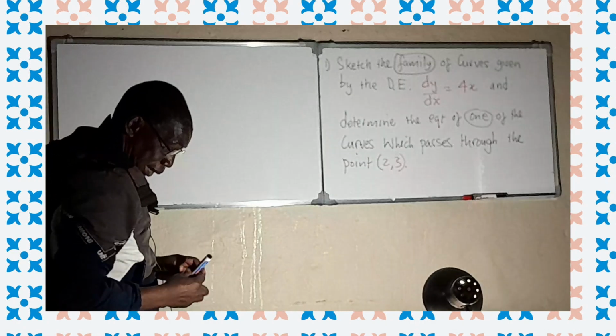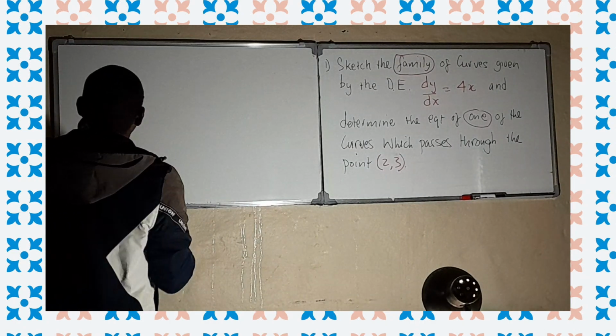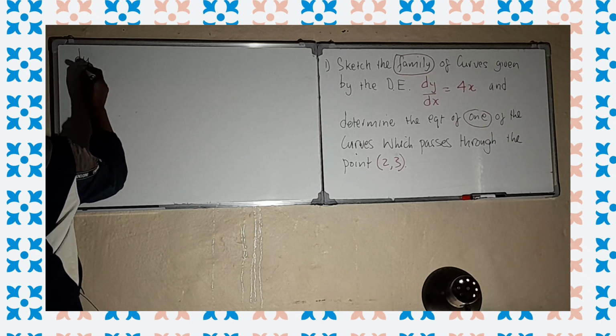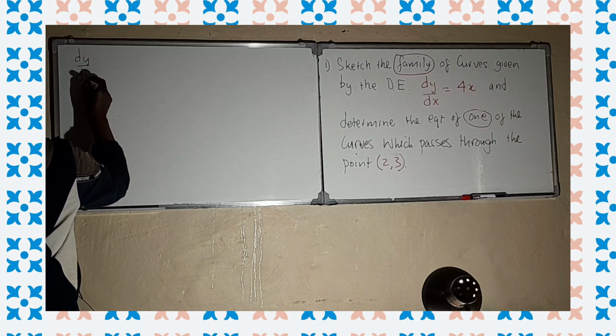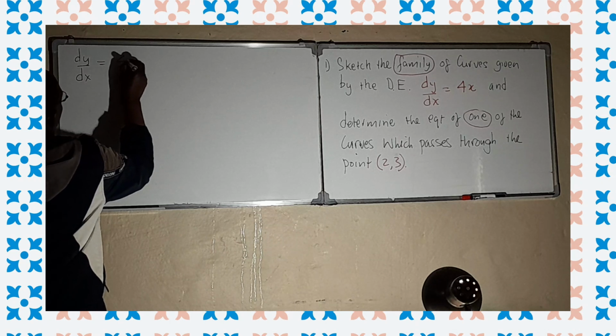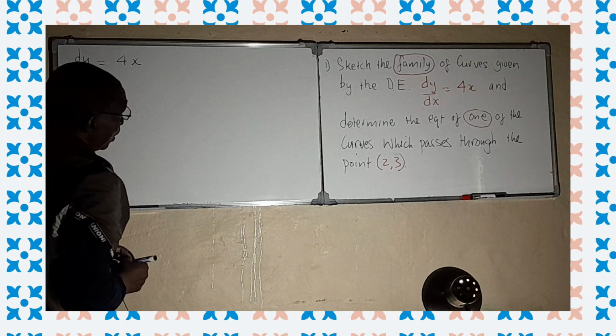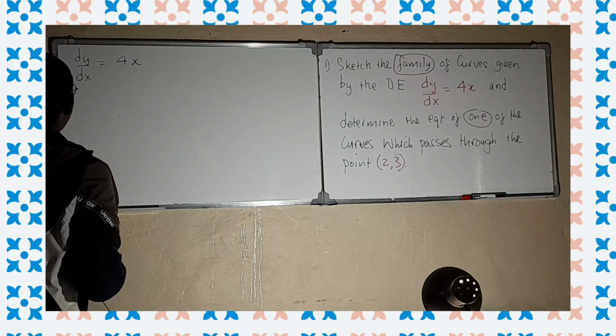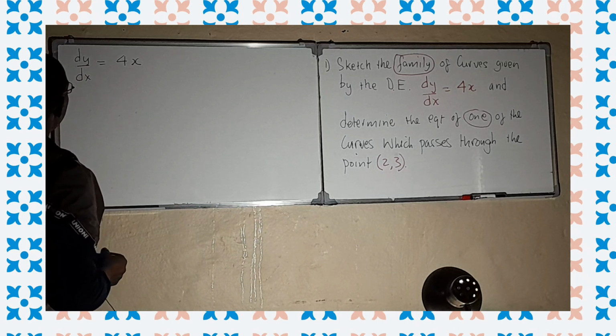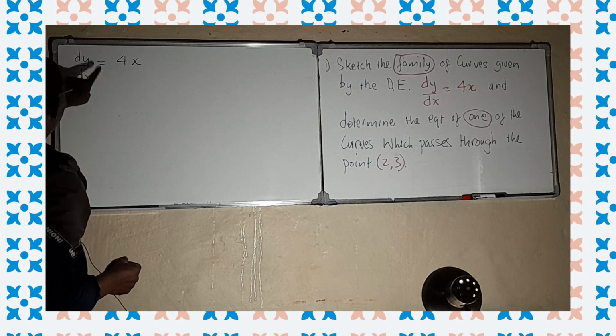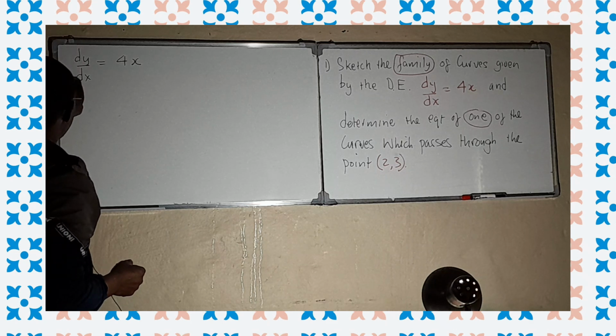Now, let's rewrite our differential equation again this side and say, dy/dx is equal to 4x. This, by the way, is called a differential equation because it is an equation which contains differential coefficients.